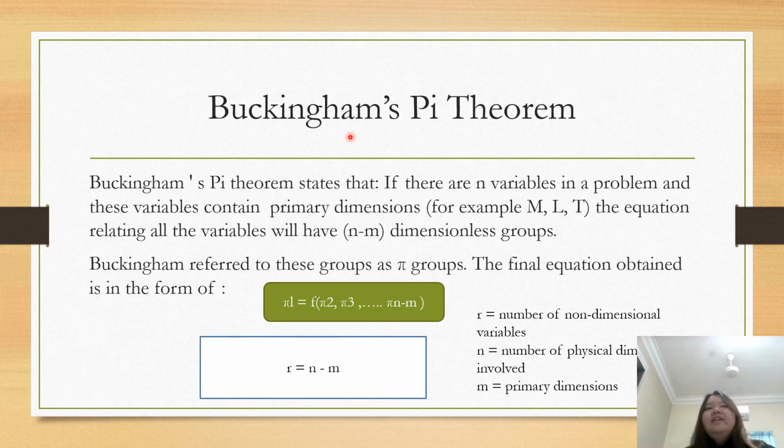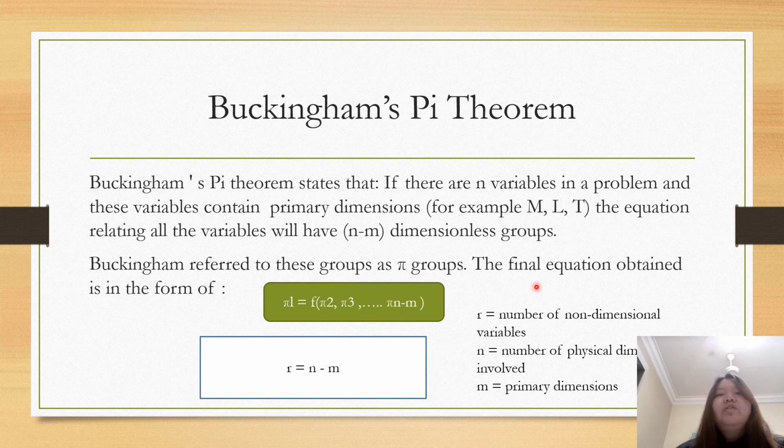Now I would like to talk about Buckingham's pi theorem. So Buckingham's pi theorem states that if there are n variables in a problem and these variables contain primary dimensions, for example MLT, the equation relating all the variables will have n minus m dimensionless groups. Buckingham referred to these groups as pi groups.